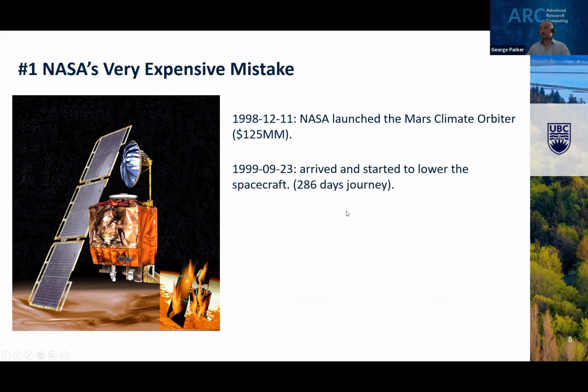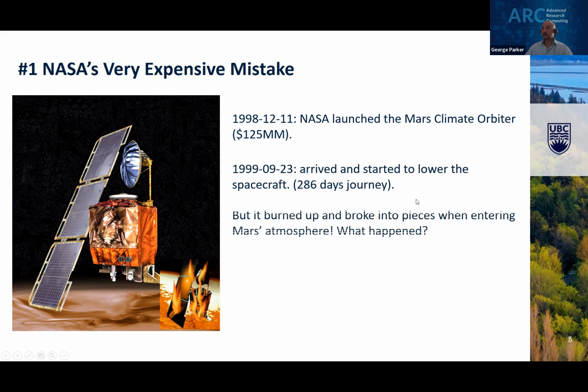After almost 10 months, they finally arrived and started to lower this orbiter. But this orbiter burned up and broke into pieces when it entered the Mars atmosphere. People want to know what happened, especially when NASA engineers were just about to celebrate their achievement.